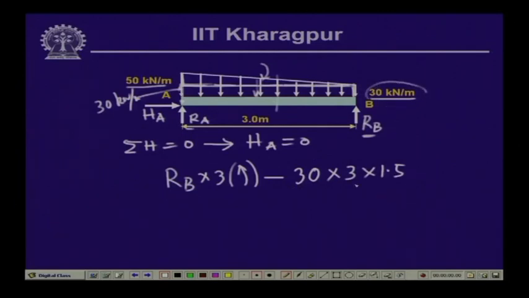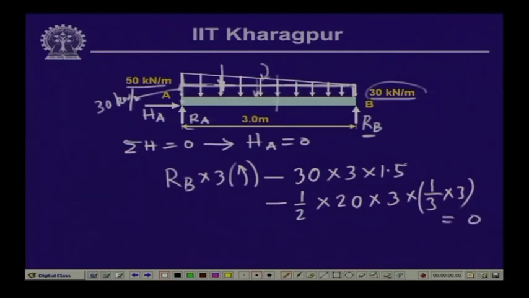So, 30 into 3 times 3 by 2, which is 1.5, minus half into 20 into 3 is the triangular load, which is acting at a distance of 1/3 from here. So, the moment arm is 1/3 into 3.